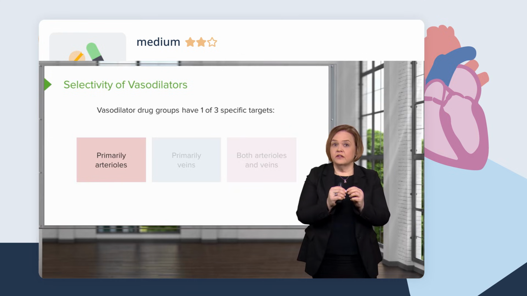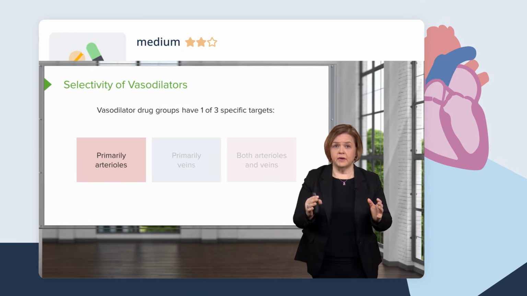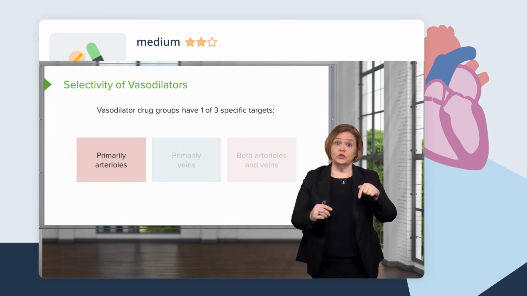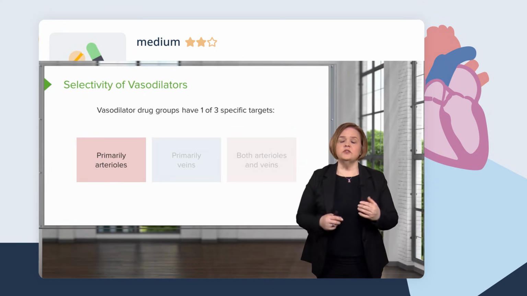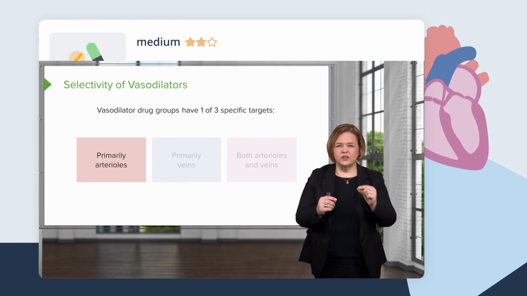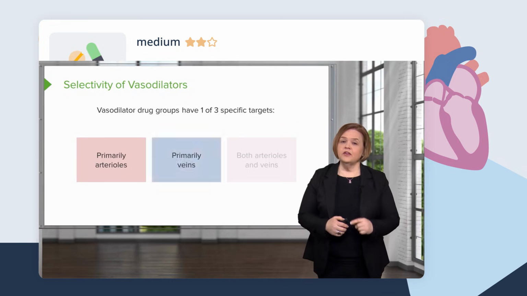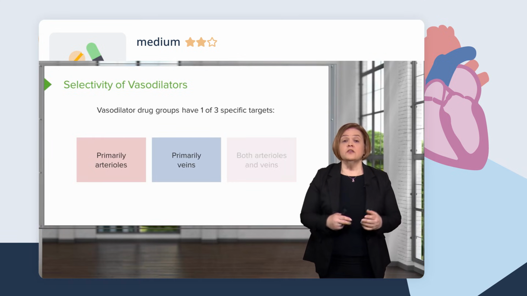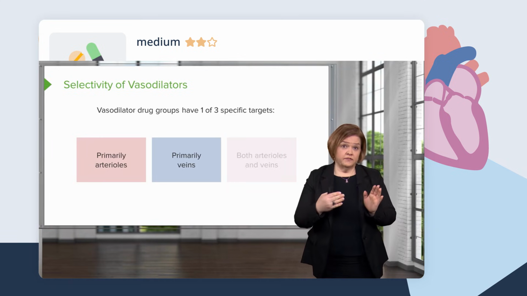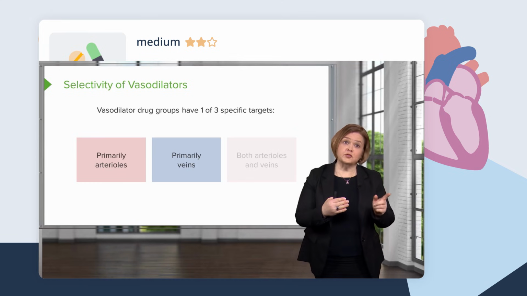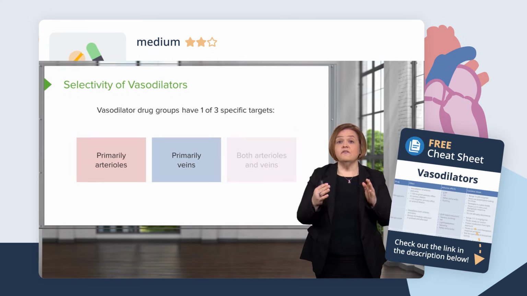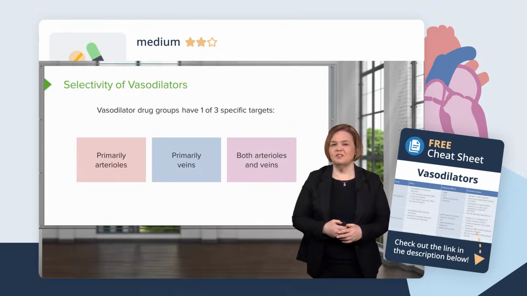So if we can vasodilate arterioles, you're going to have a really significant impact on blood pressure. It's definitely going to lower your blood pressure. So when you see the words artery or arterioles, they're part of the same vessels, just arterioles are those tiny little branches that have a really significant impact on blood pressure. The second group are primarily the veins. So vasodilator drugs might go after just the arterioles, remember small branches of the artery, the veins, or both.